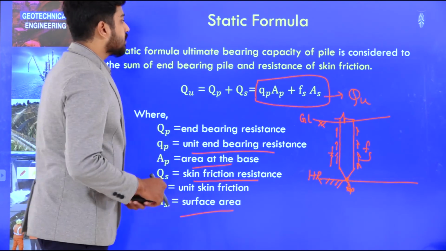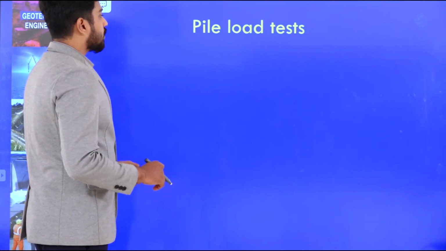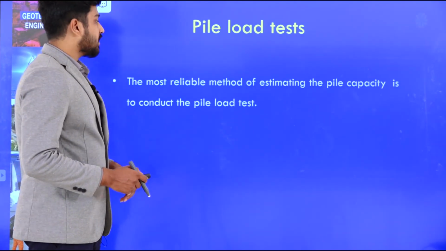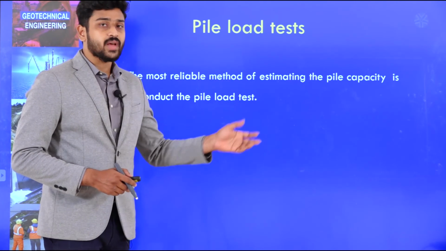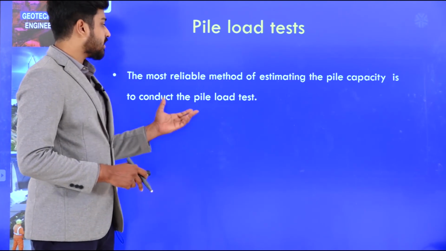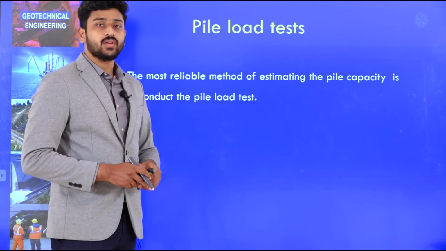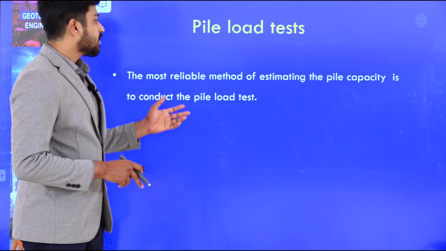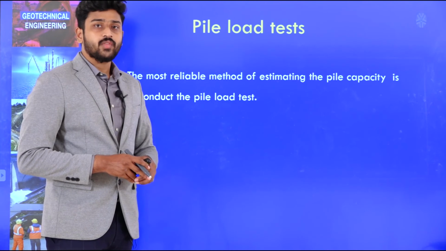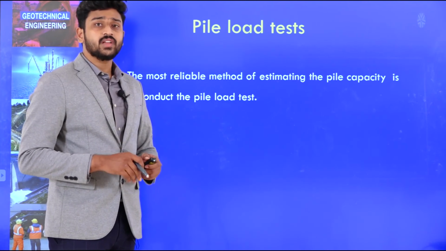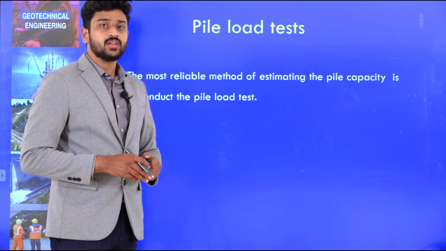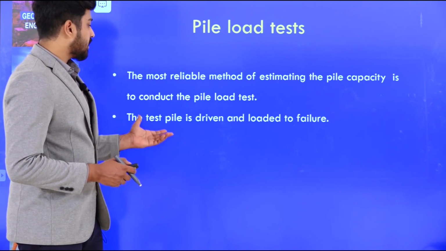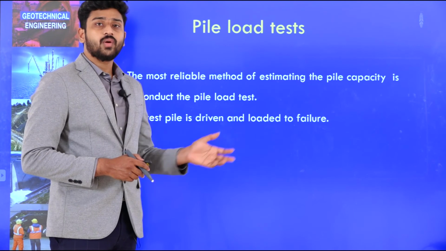Now, coming to the pile load test. These are generally used for estimating the pile capacity and is conducted with the help of a pile load test. Using this particular pile load test, we will obtain the ultimate bearing capacity of a particular pile, and this method is one of the most reliable methods in practical cases. It is generally driven and then loaded up to failure.